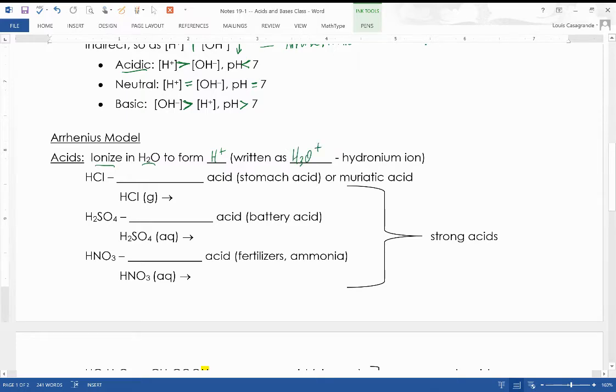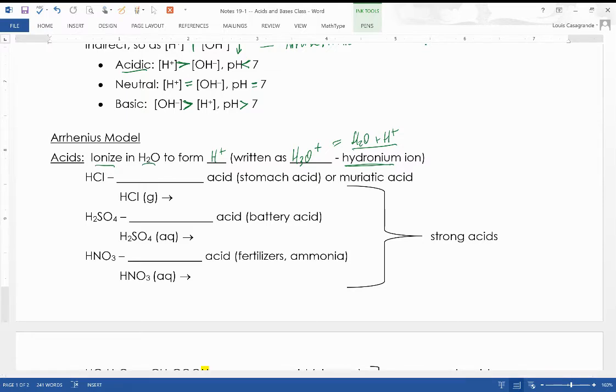H3O+ is really H2O plus an H+. That has a special name that we're going to be referring to in this unit. It's called the hydronium ion.